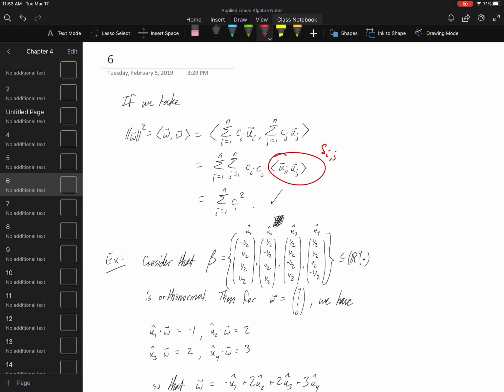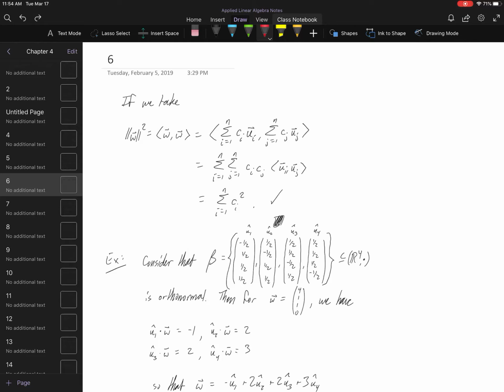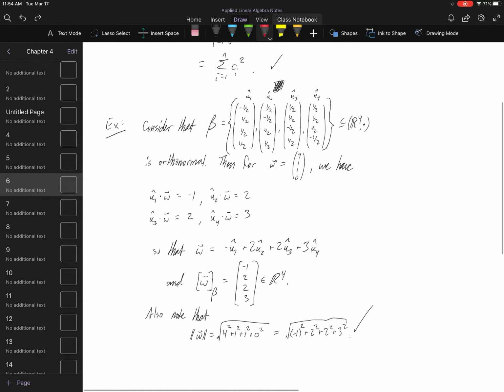And that's going to tell us that the only time that we don't have a zero in this computation is when i equals j, which would make a ci squared in the final computation. And that's exactly what we set out to prove, that the square norm here is exactly the sum of the squares of the weights. And we've already shown what the sum of the squares of the weights looks like. That was this guy right here. All right. So we get a generalized Pythagorean theorem.